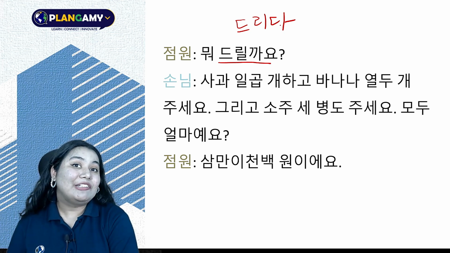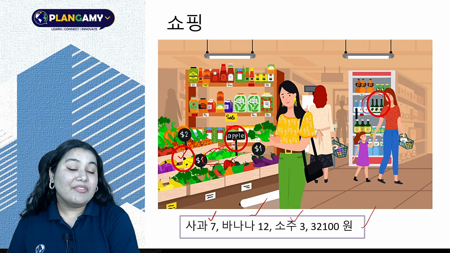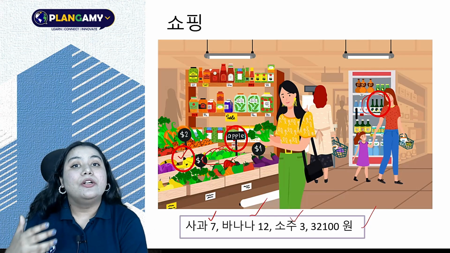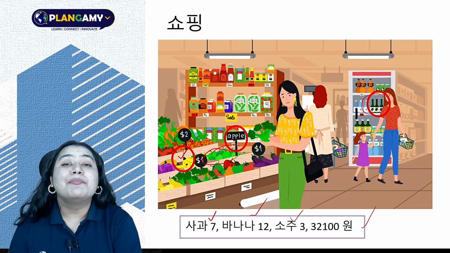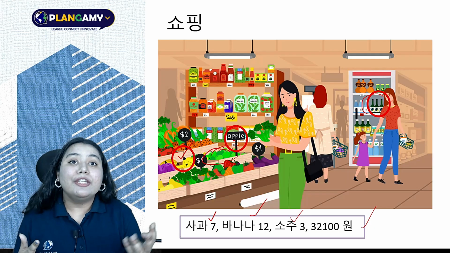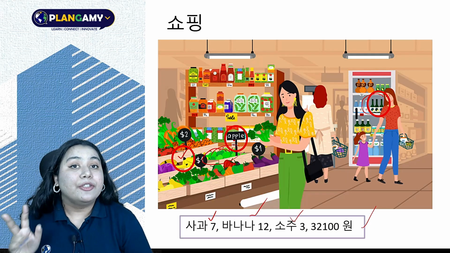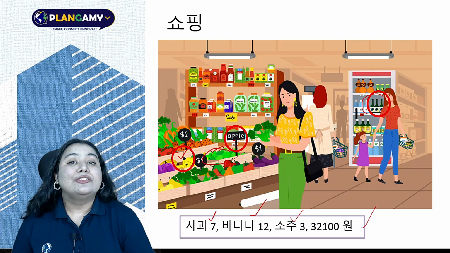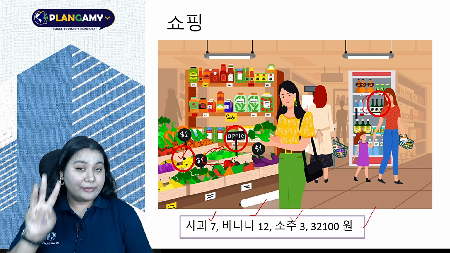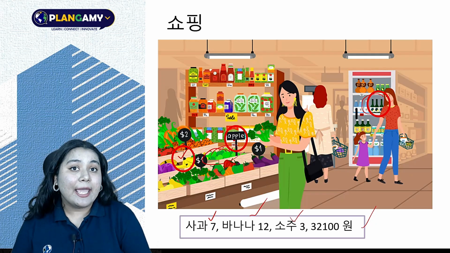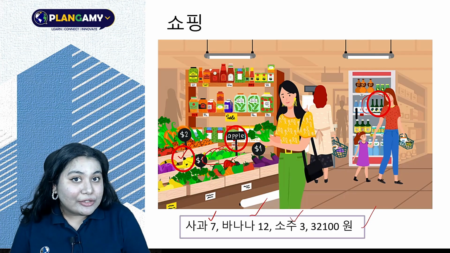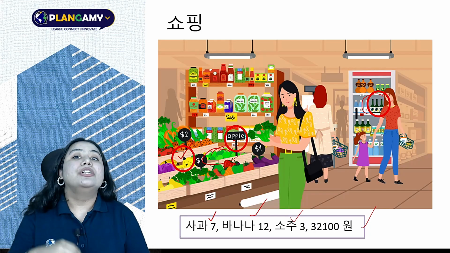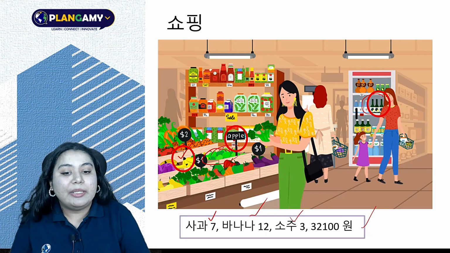What all do we need? 7 사과? 사과 7개 하고 바나나. 바나나 how many? 12개? 바나나 12개 하고 소주. 소주 3 소주? 세 병 for bottles. 소주 세 병 주세요. Please give me.